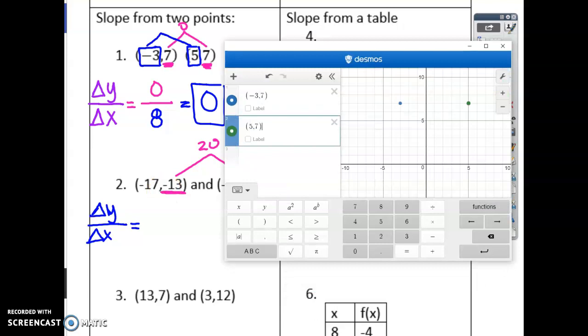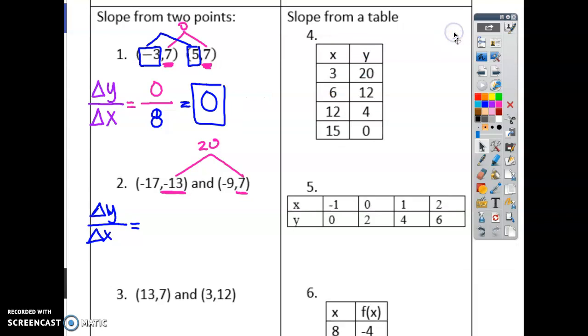So that would be 7 minus -13, 20. Okay? So the change of y was 20, that's on top, divided by my change of x.